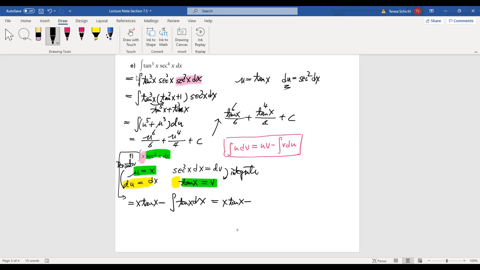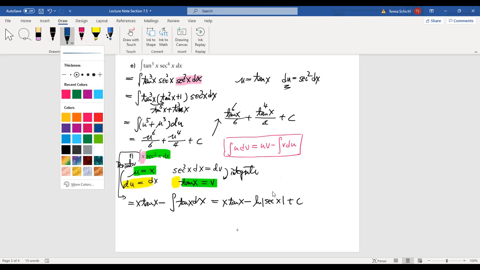During the trig integrals, we derived the tangent integration. Everybody still remember? The tangent integration is the natural log of secant x, right? And so plus c.